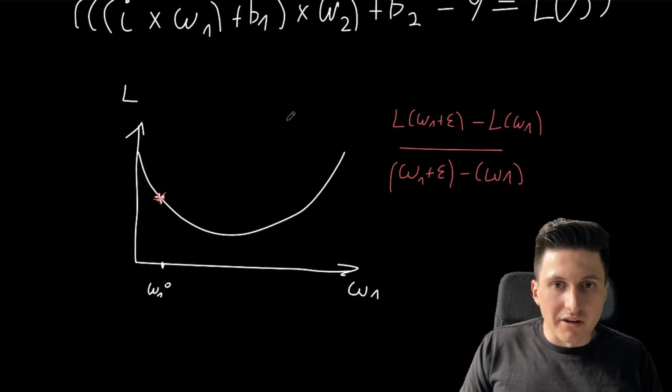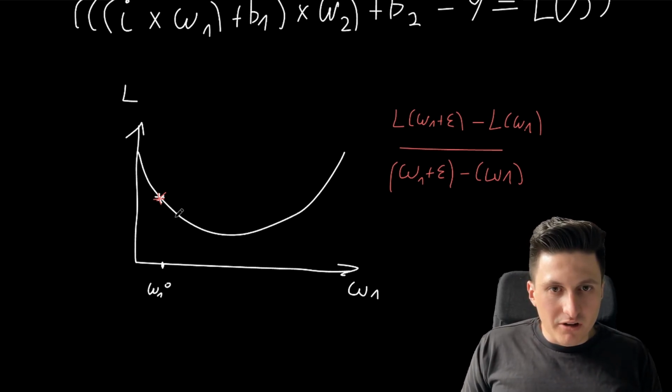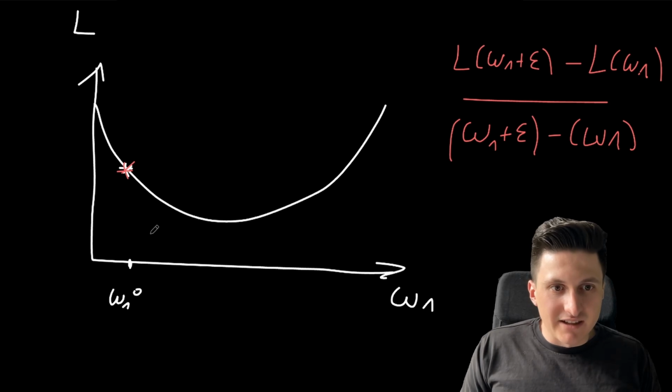And then you take the limit, to be more precise, of this epsilon when it goes to 0, but that's just technical details. But you can already eyeball this and see if we would increase the w1 by a very small amount.